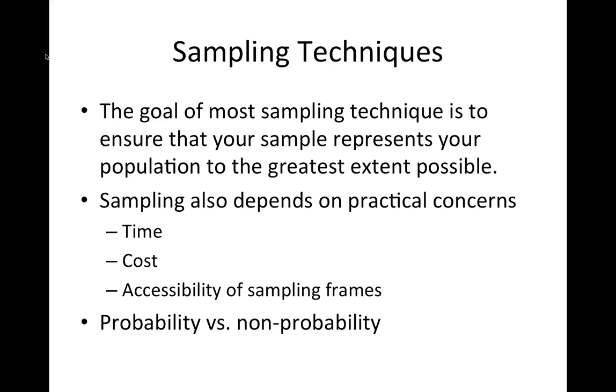So in terms of sampling techniques, we typically break these down into probability versus non-probability sampling techniques. And your book does this breakdown and gives a few examples of each of these. And I'll do the same. I'll give a couple of additional examples that your book doesn't give, and then talk about some of the other ones. There are so many more.